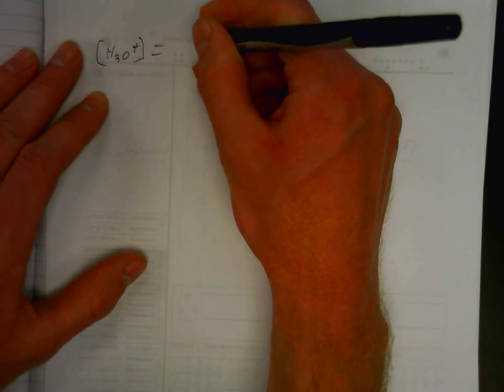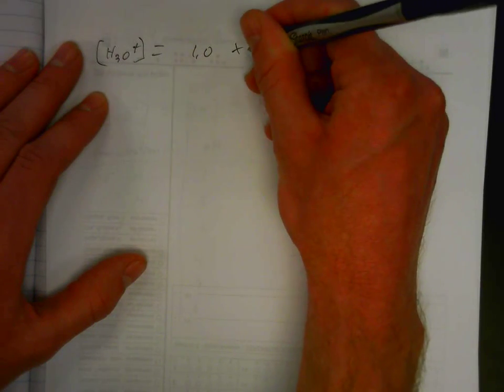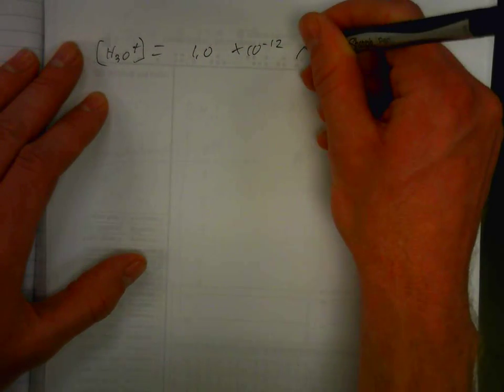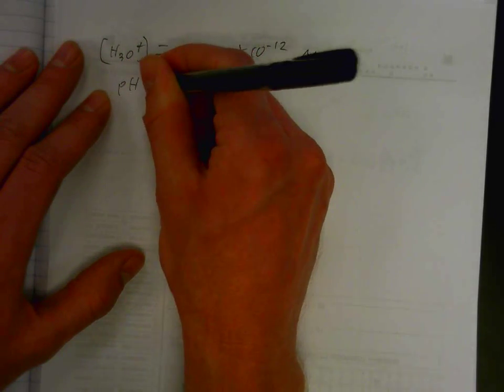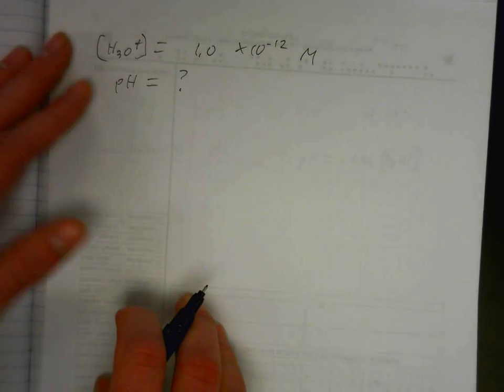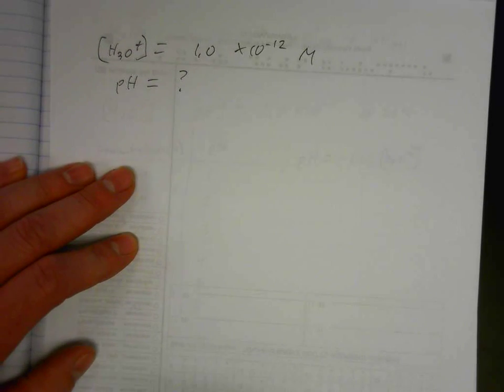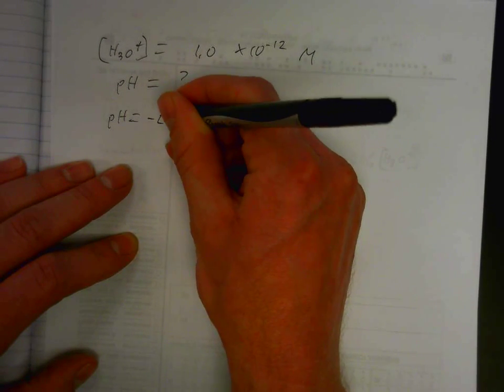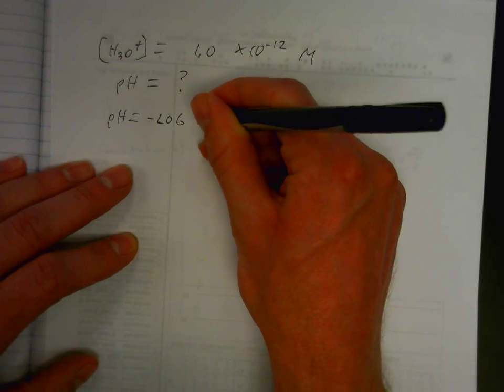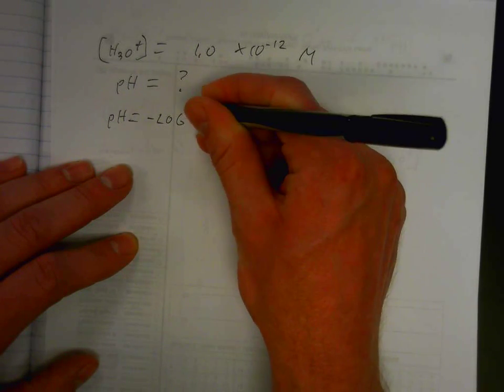If we want to know the pH from that, we can use this formula that we just wrote down. The pH is the negative log of the hydronium concentration. So the hydronium concentration is up there. We'll plug that into our formula.